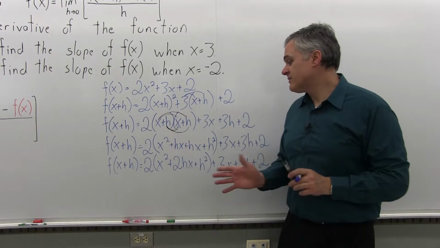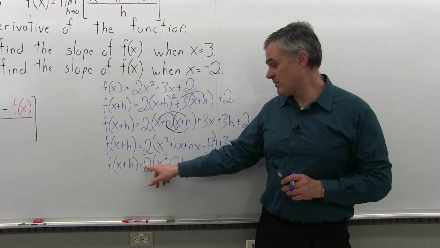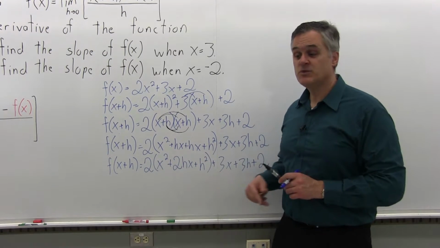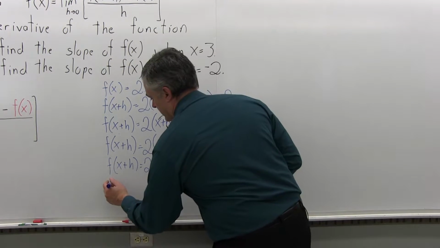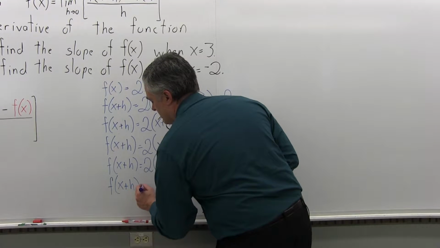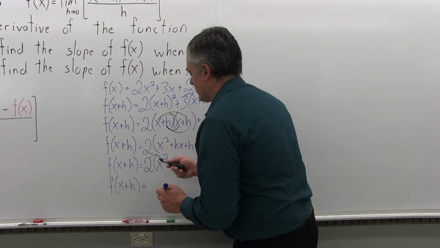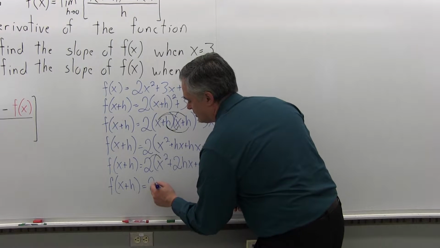Now, to finish my simplification, I have a big set of parentheses in this with a 2 in front of it. So I'll multiply the 2 in front times each piece in the parentheses. And when I do that, what will happen? I'll have f of x plus h equals 2 times x squared. I'll just do it in a different color, make it show up a little bit better, is 2x squared.